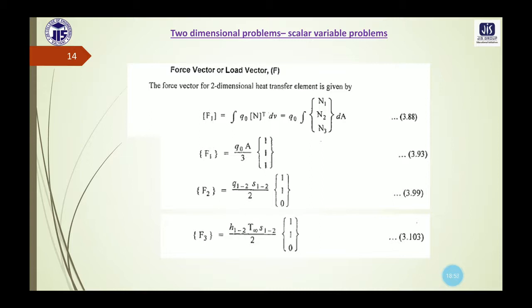There are several steps to find the force vector equation, so we only need to remember the final formulas for F1, F2 and F3, these three different force vectors or load vectors. F1 equals Q naught A by 3 multiplied by a column matrix of 1 1 1. Then F2 is Q12 S12 by 2 multiplied by a column matrix. Then F3 is H12 T alpha S12 by 2 multiplied by a column matrix. So these three equations for the force vector or load vector we need to remember.